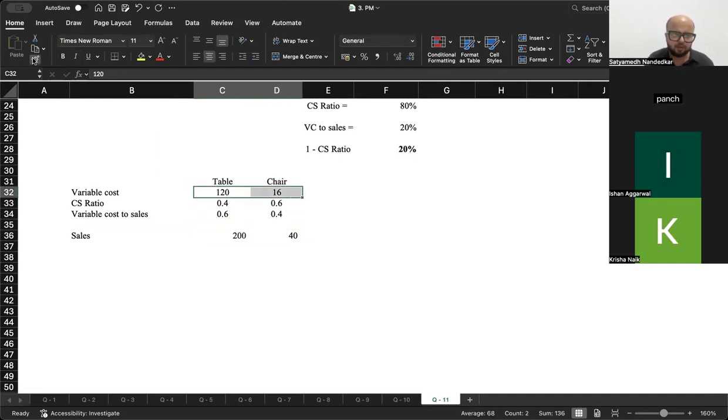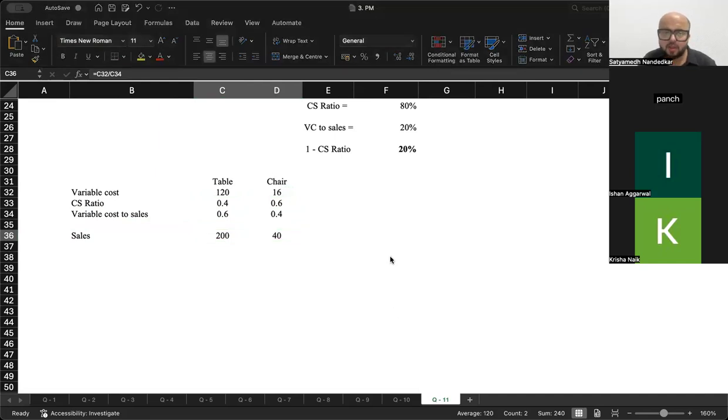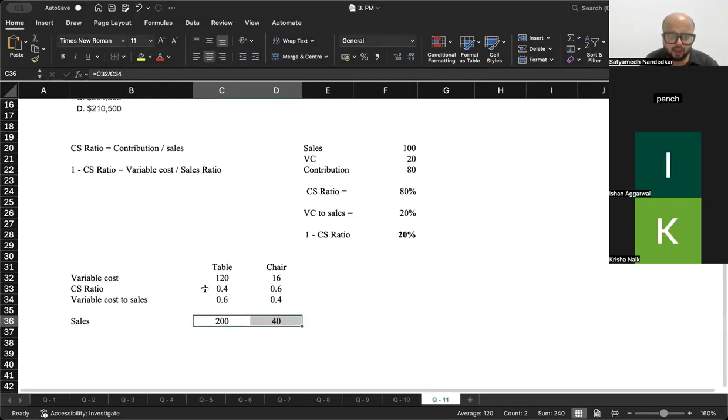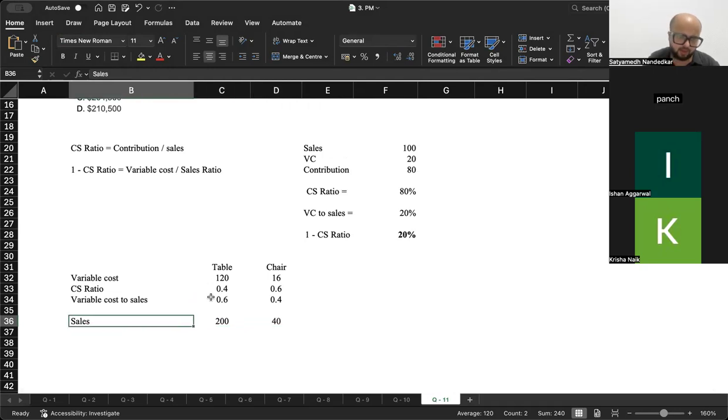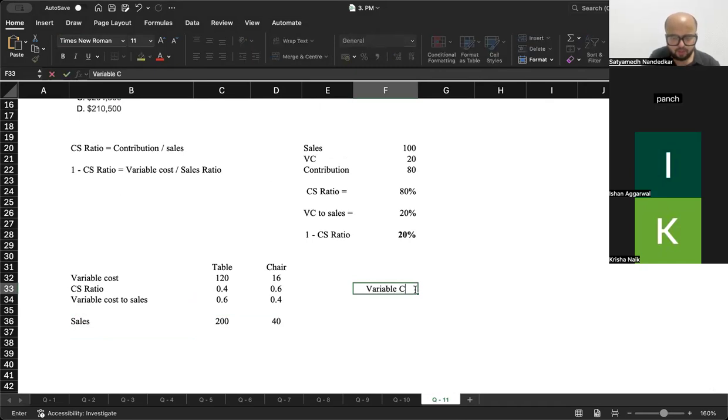Look once. What do you think? Does this calculation make sense? Ishan, Krisha? Yes. So for the second table, variable cost upon sales is 0.6.